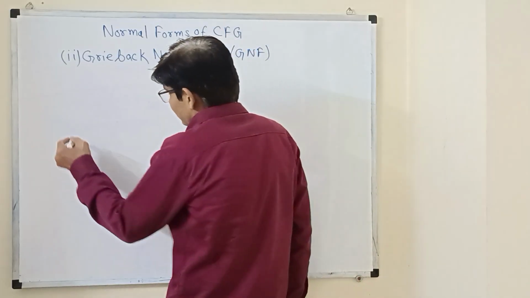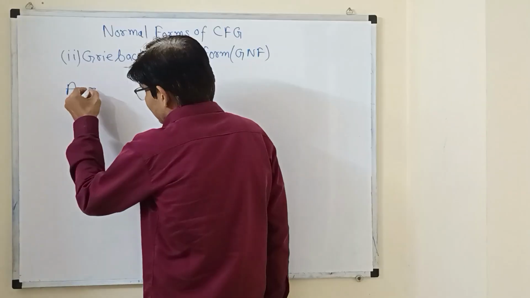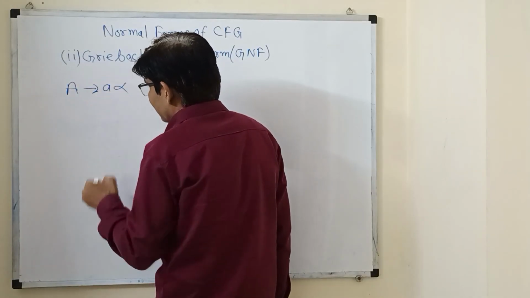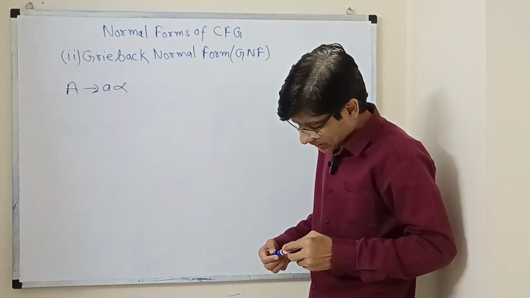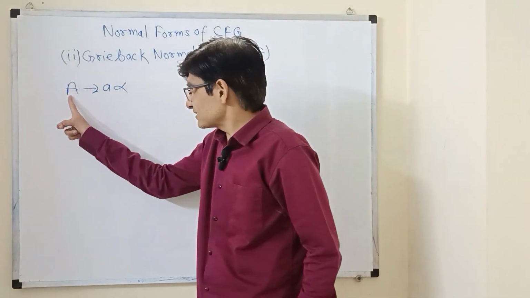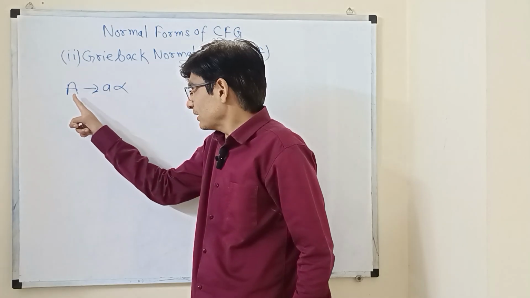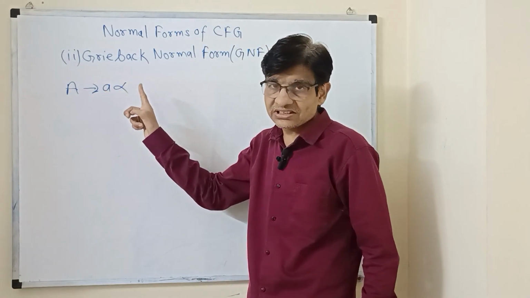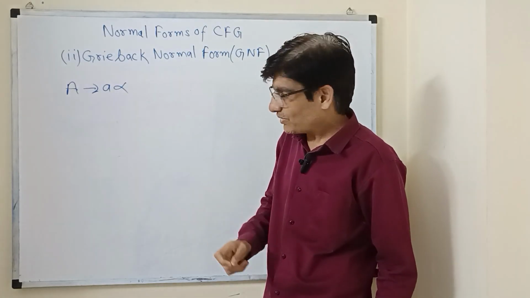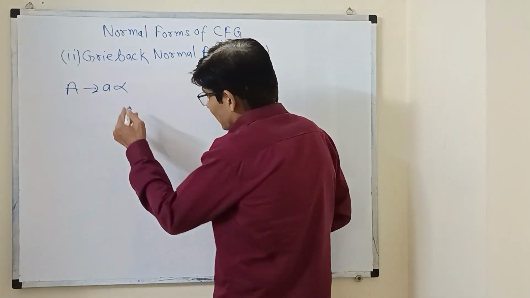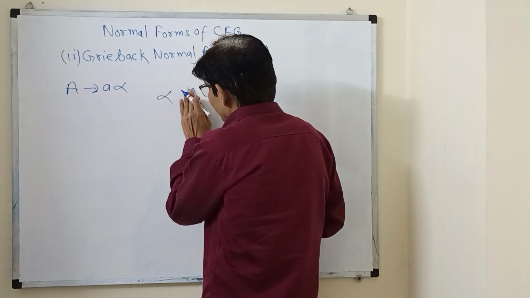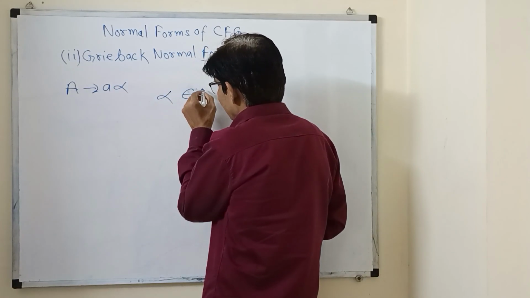Here you can see, my friends, only this kind of productions are allowed: A gives a alpha, where A is a single variable on the left hand side, and in the right hand side all productions start with one terminal, and then alpha may be any string of variables.